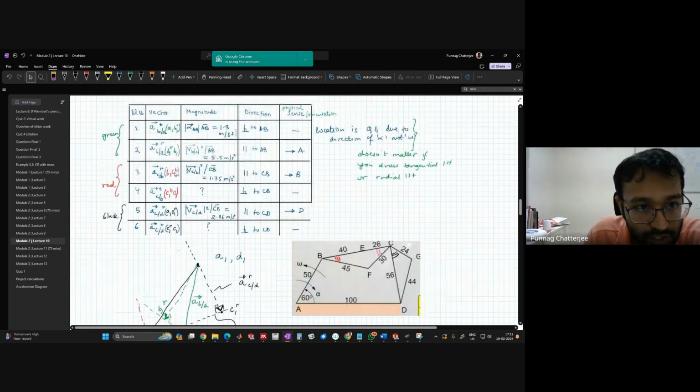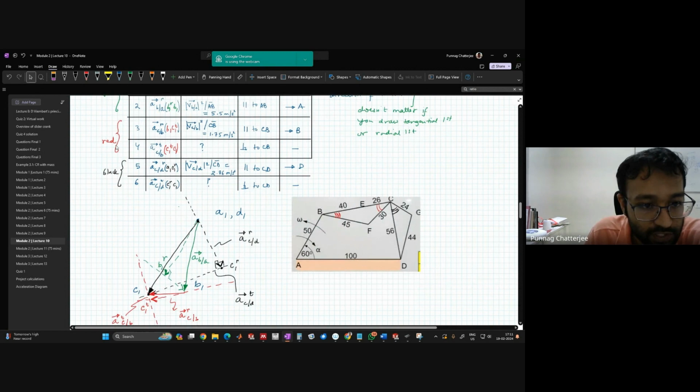Similarly, we do the same activity for C with respect to B. It's slightly different, so it's given in red over here. For that, we first do the radial. Over here, you can see the radial of C with respect to B. It's easy to do C with respect to B because it's a vector passing through B. In the radial part, it is pointing towards B, which is towards the left.